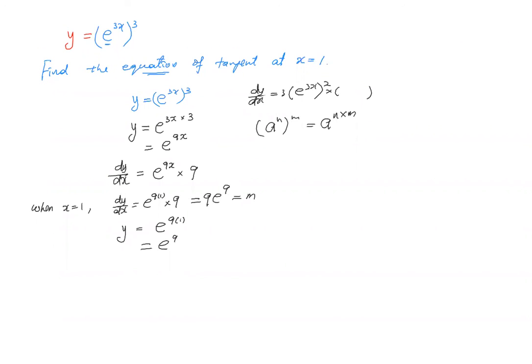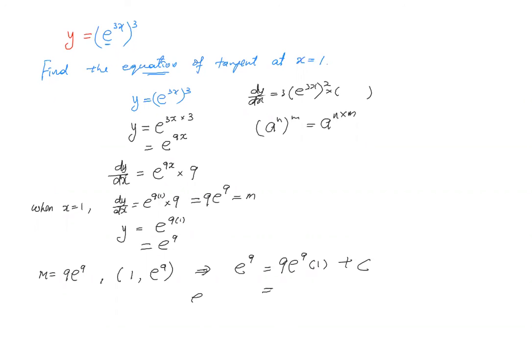So I have the gradient, which is 9e to the power 9. And I have the coordinate 1 and e to the power 9. Then I put into y equals mx plus c.